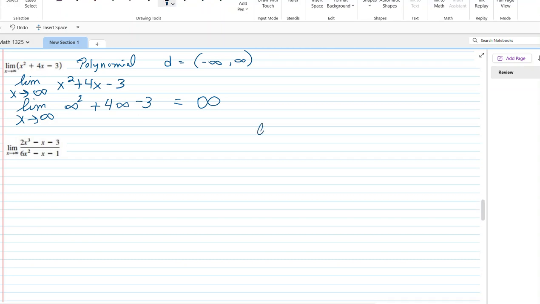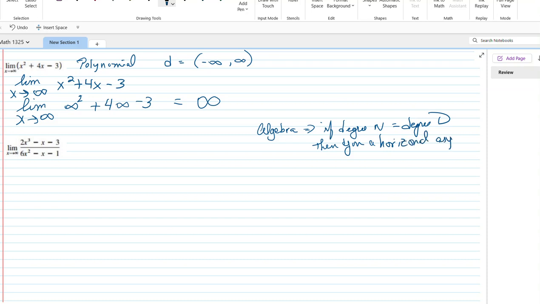And if you recall algebra, if the degree of the numerator is the degree of the denominator, then you have a horizontal asymptote at the ratio of the coefficients.